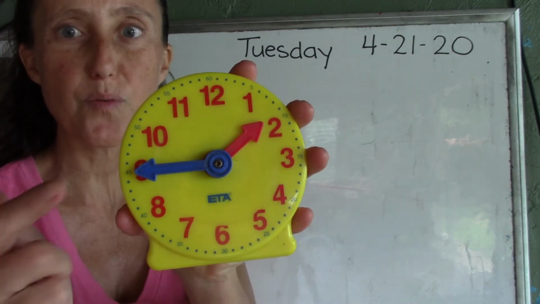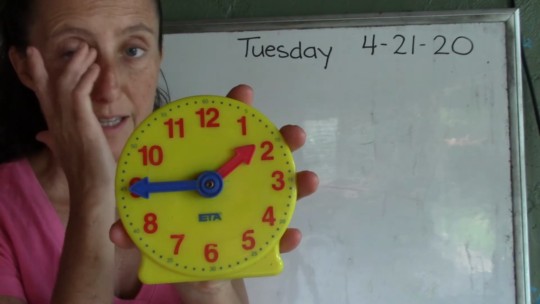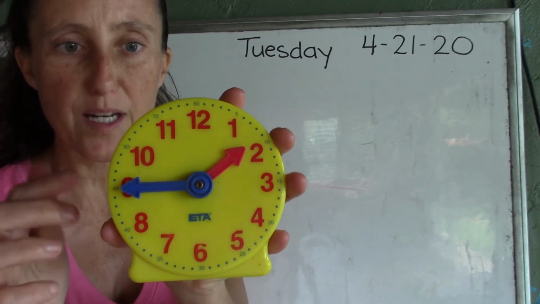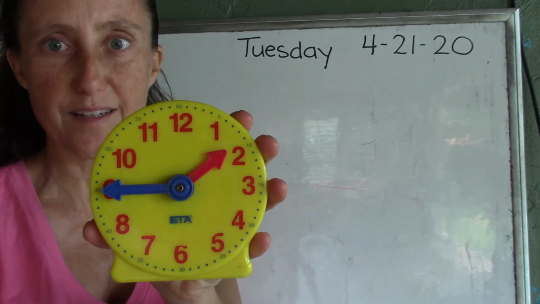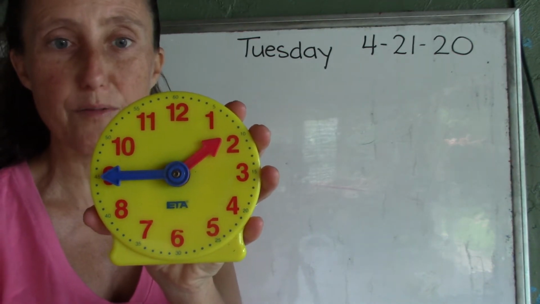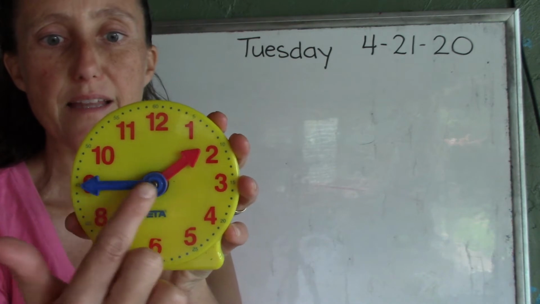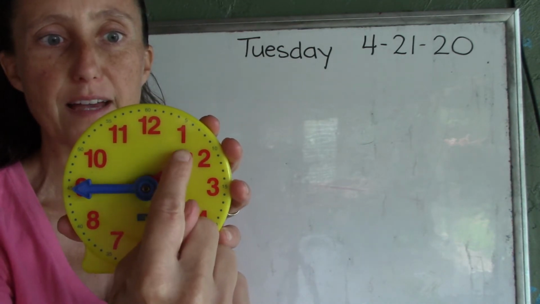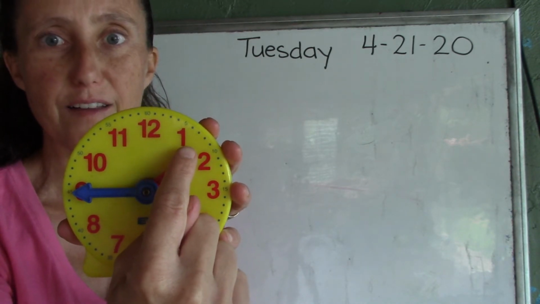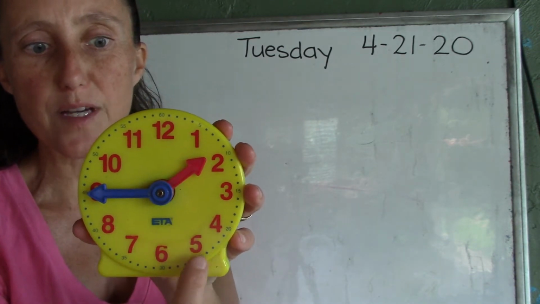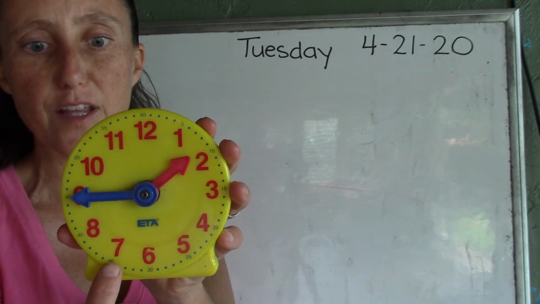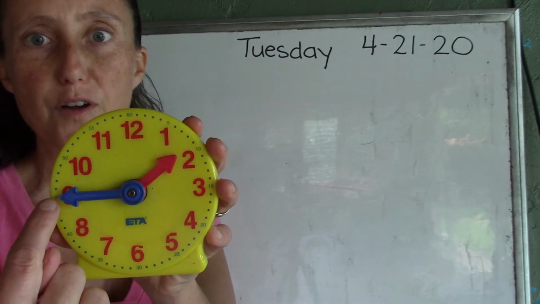Okay, let's look. The hour hand is pointing between the 1 and the 2. Right, so we go back to the 1. So it's 1, and then if we want to know how many minutes on the minute hand, we start counting by 5s. Are you ready? 5, 10, 15, 20, 25, 30, 35, 40, 45.